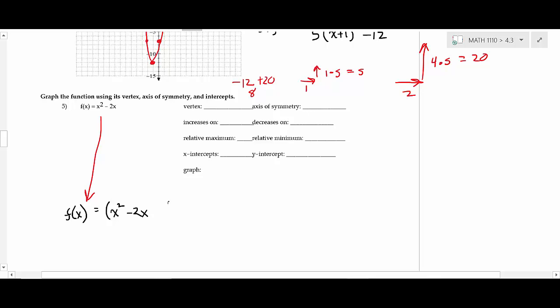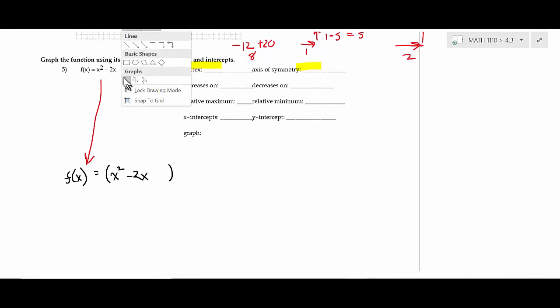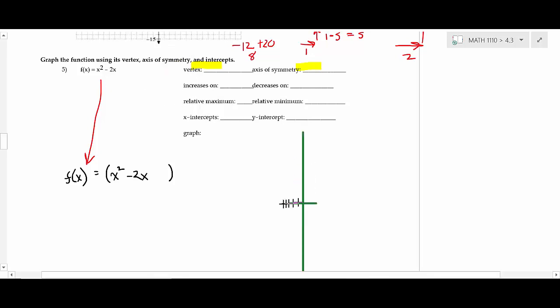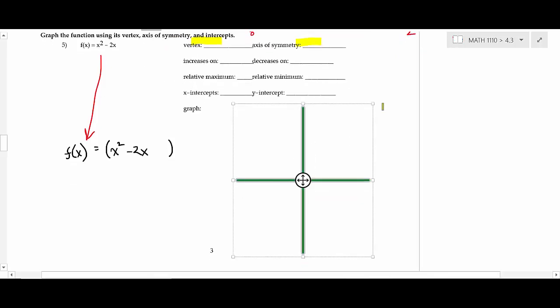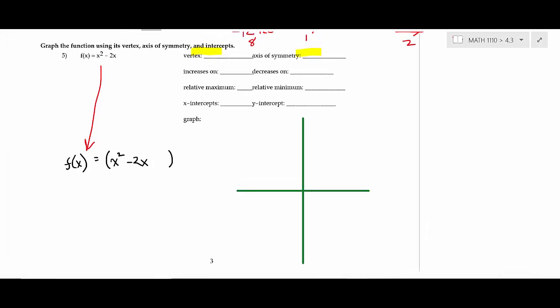Don't wait for me. And then see if you can get your vertex and your axis of symmetry. Then we'll do a graph. I didn't give you any graph paper on that, so I'll probably have you just sketch one. Then we're just going to answer some questions about this. There's a few questions we're going to go through and answer.